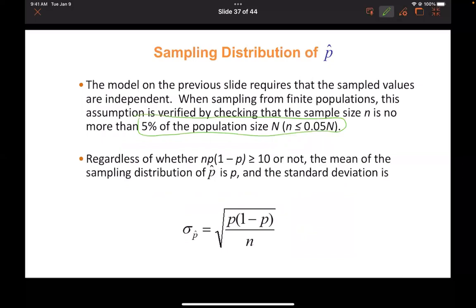And even if np times 1 minus p isn't greater than or equal to 10, we still would use this. But those things are good to check, because knowing they're normal or not is good.